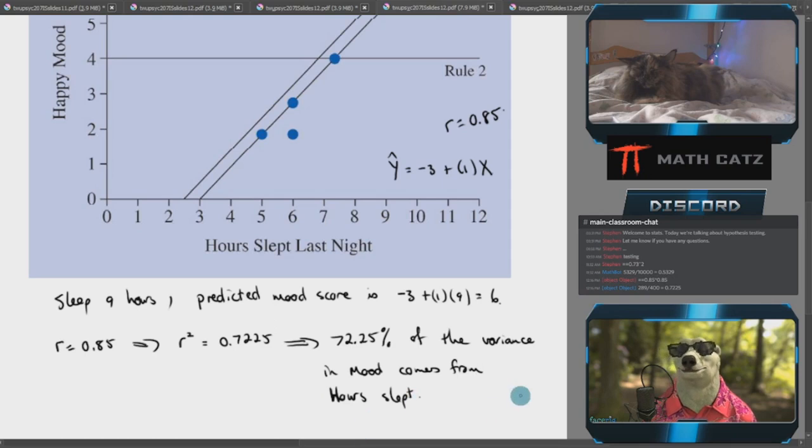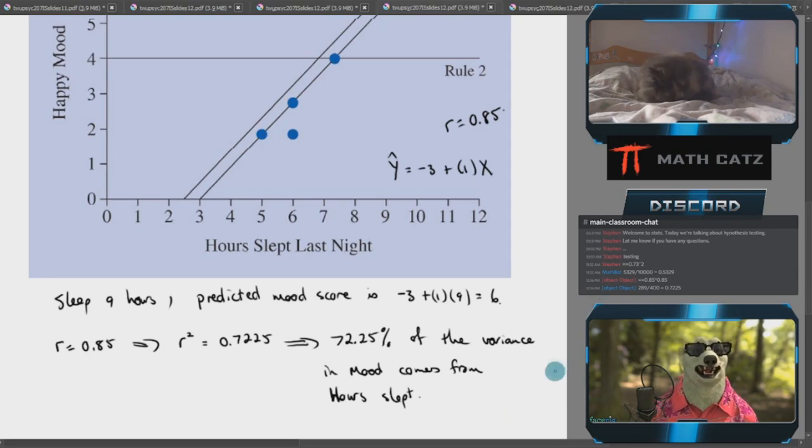There we go. So of course, other things affect your mood, but based on this still very small sample, roughly 72.25% of your mood rating is somehow directly or indirectly coming from hours slept.